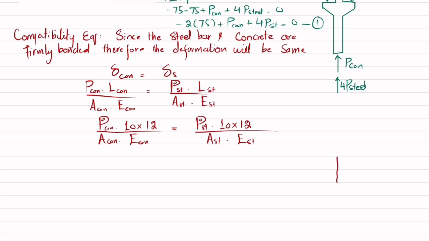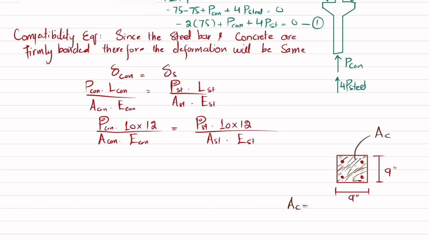Now you can see we have been given the cross-sectional dimensions, 9 inch by 9 inch, and there are 4 steel rods. Clear? So this cross-hatched area, if you remove the 4 steel rods, is the area of concrete.